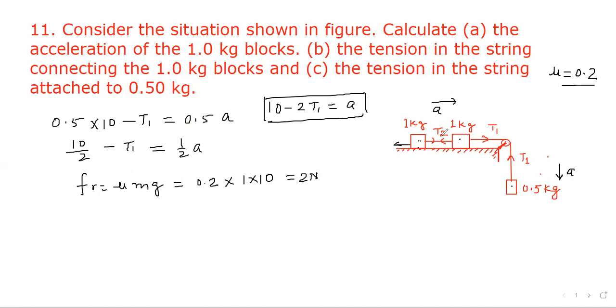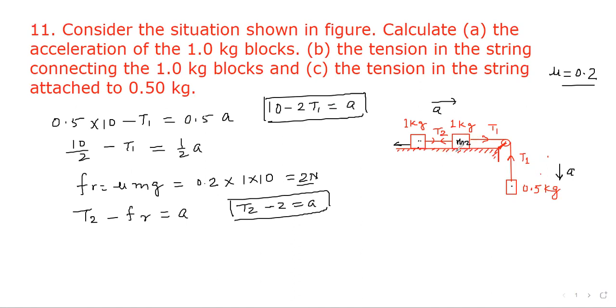Since the block is moving in the rightward direction, T2 is greater than friction. So T2 minus friction is equal to mA, m is 1, so just A. And friction is 2 Newton, so T2 minus 2 equal to A. This is the second equation.